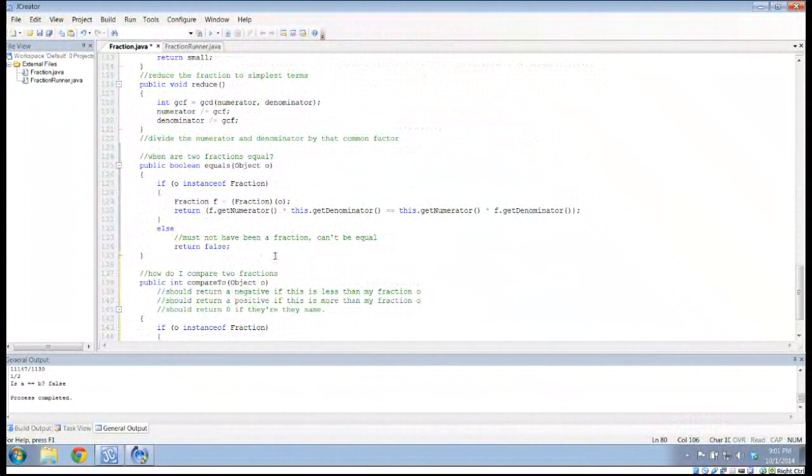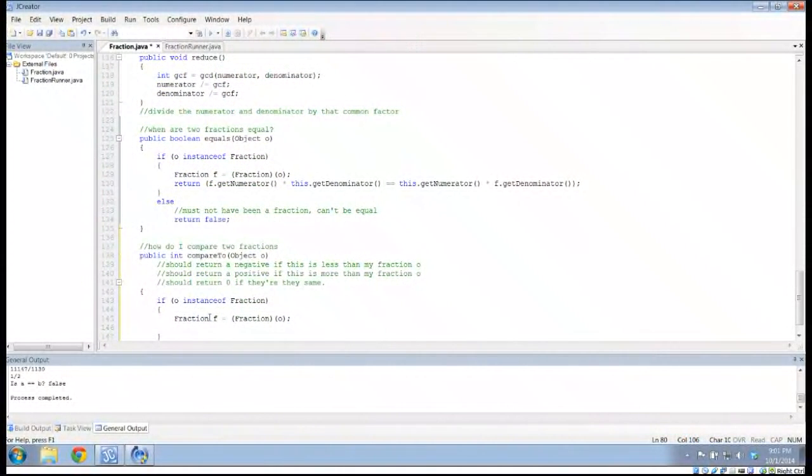So I should say an int called compare is going to get this.getNumerator times f.getDenominator.